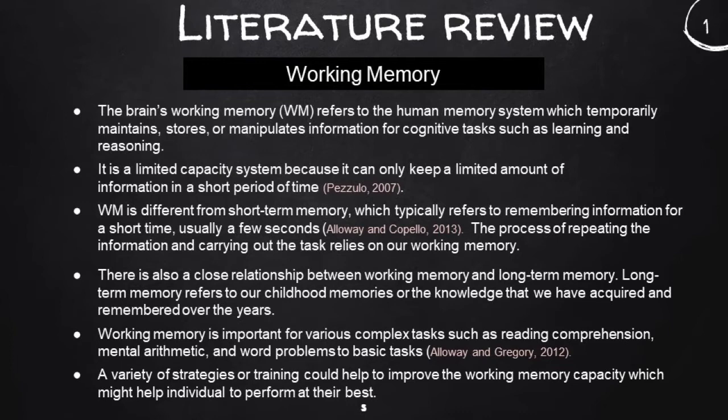Working memory is different from short-term memory because short-term memory typically refers to remembering information for a short time, usually in a few seconds. For example, people's names or phone numbers will be forgotten if they are not being rehearsed. The same goes for when we are remembering the route to a certain direction. Thus, the process of repeating the information and carrying out the task relies on our working memory.